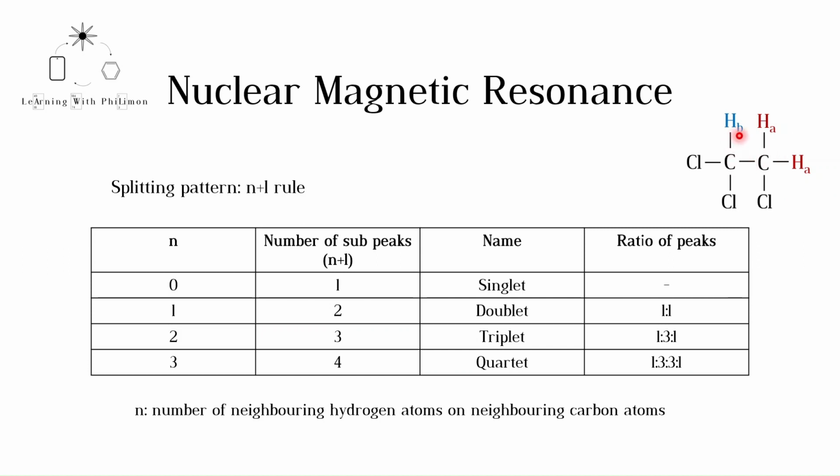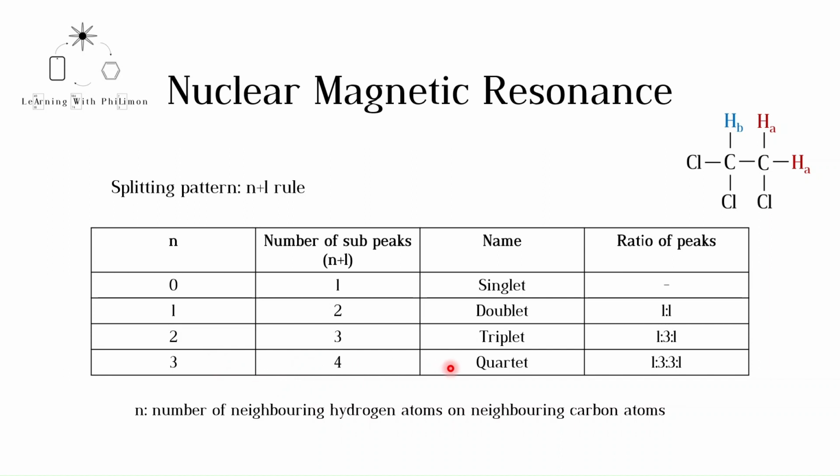If there are two neighbors, we will see a triplet. This was the case for HB, which has two neighboring hydrogens, the two HA nuclei. The ratios in the table show us the relative height of each sub-peak. If you are interested in mathematics, this pattern in peak height comes from Pascal's triangle. At IB and A level, you usually do not encounter more than 3 neighboring hydrogen atoms, a quartet.